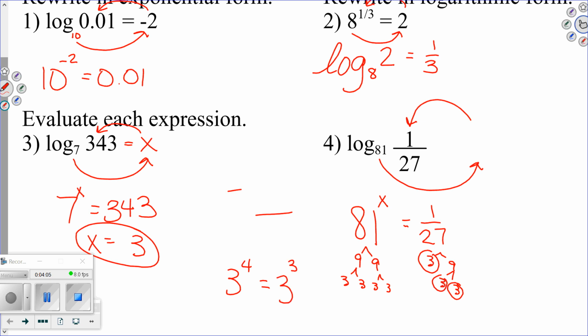The x goes with this one, so this is an x here. So what does x equal? Since these bases are the same, the exponents have to be the same. So if I have 4x equals 3, divide by 4, it's 3/4. So it's going to be a negative 3/4.